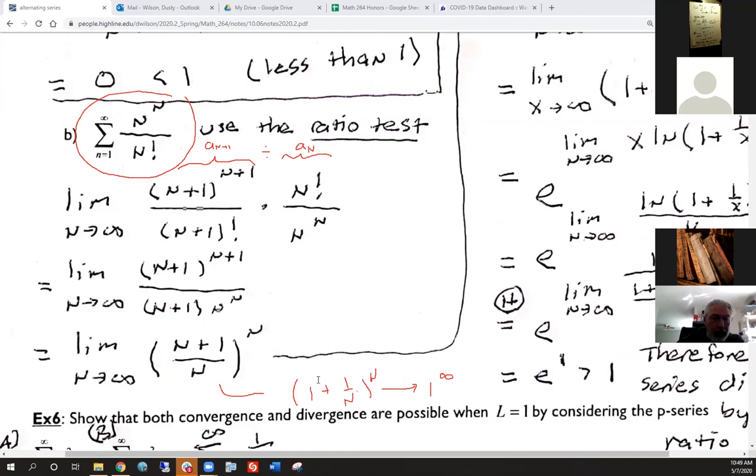It is a limit, but what happens when a limit approaches 1 to the infinity? We say it's an indeterminate form. And when you have an indeterminate form, what do you have to use?